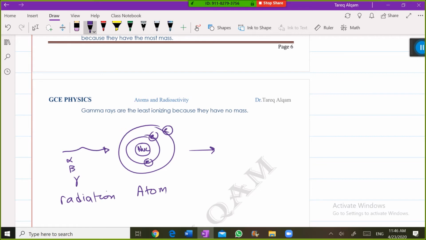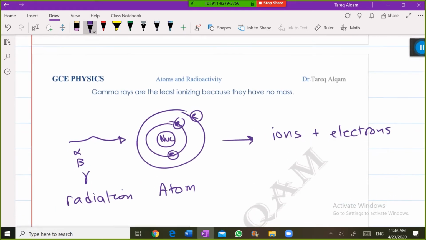Eventually I will have ions plus electrons. So electrons are knocked off from the atoms, and we will have ions and electrons. This is called the ionization that is caused by the radiation.